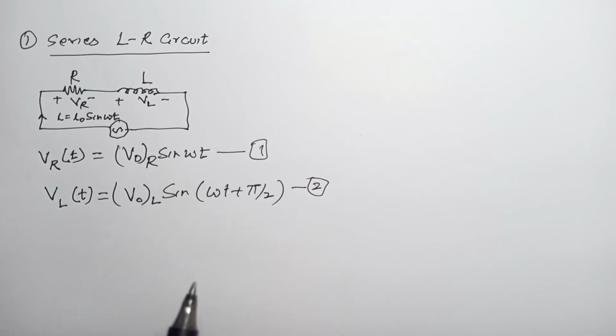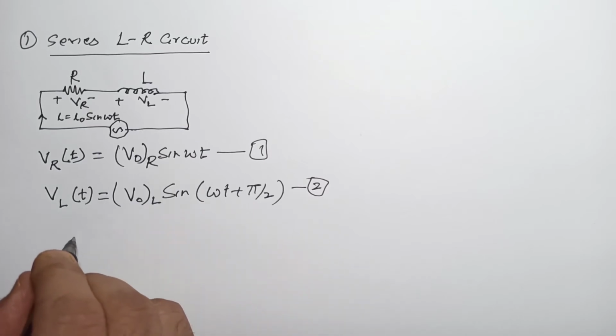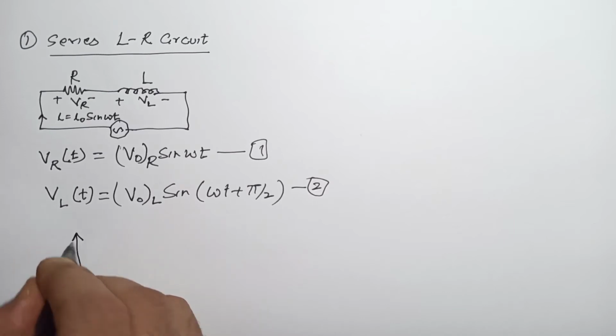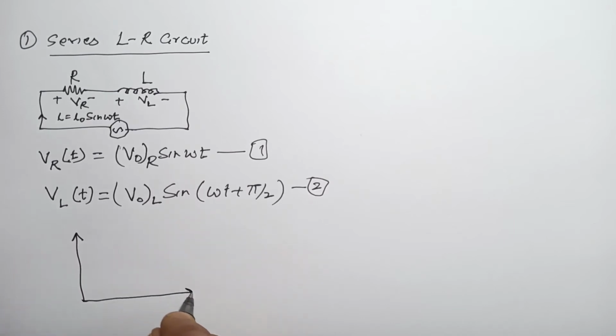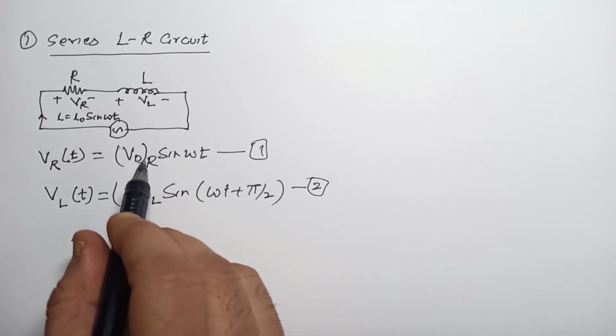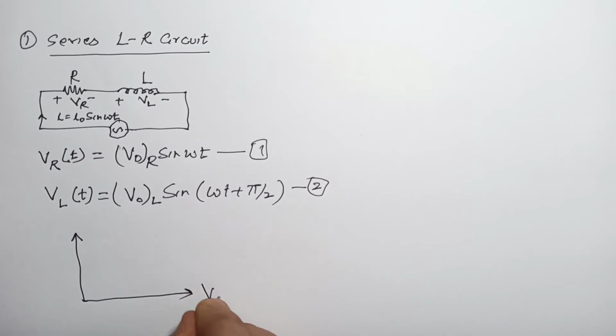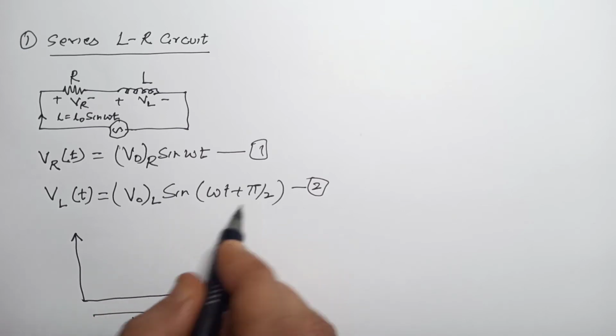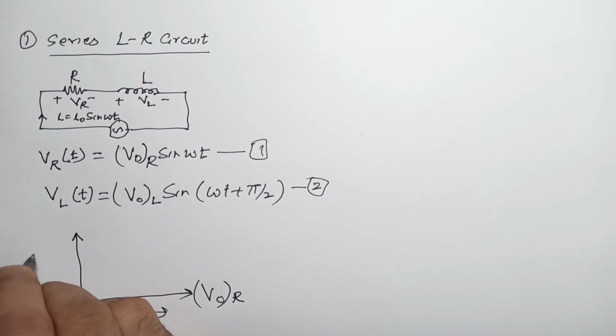It is 90 degrees. So if we put it in a graphical or phasor diagram, this is V naught R, correct? And the current is of course also in this direction, right? And if this is R, then again this is plus pi by 2. So this is V naught L.